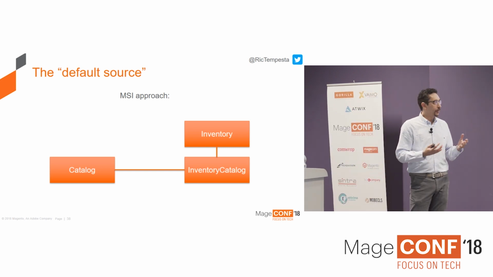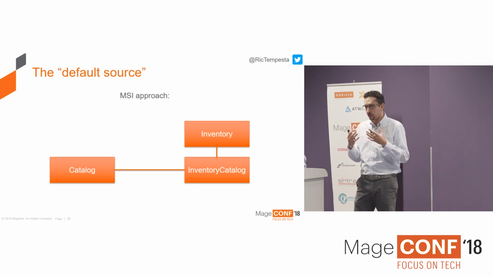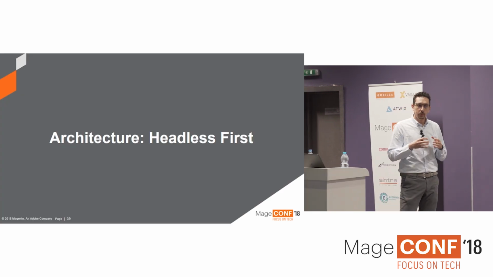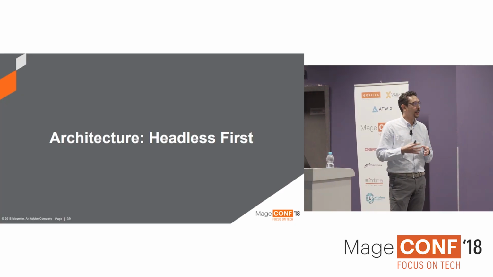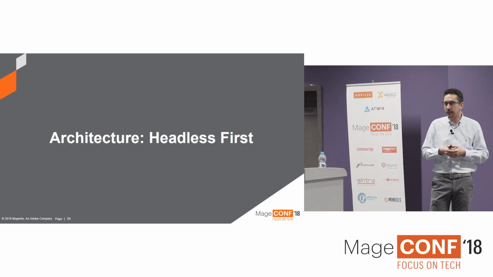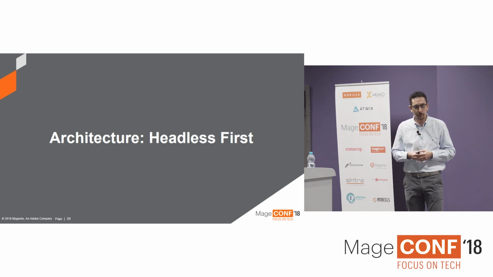So when you have to deal with this kind of architecture, you have to change your way of thinking about the software. And actually, one good point is to use the headless first approach. The headless first means that you first think about your API, your entities, and then you develop the software.